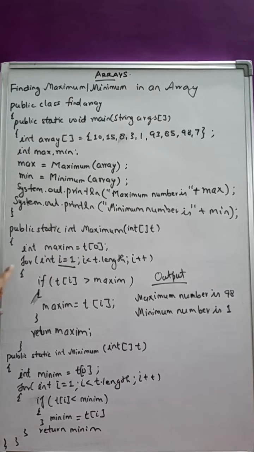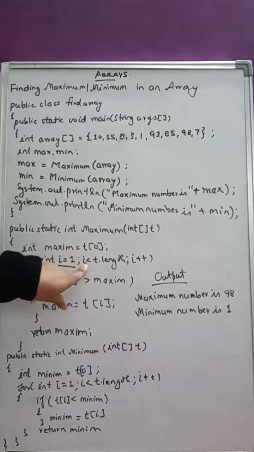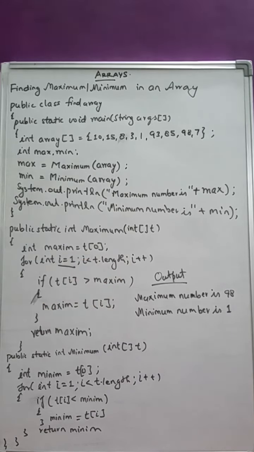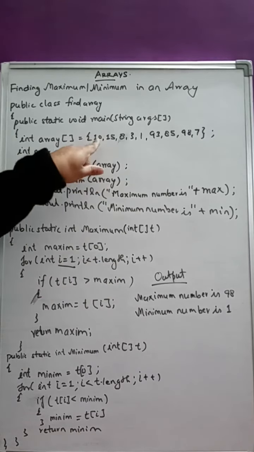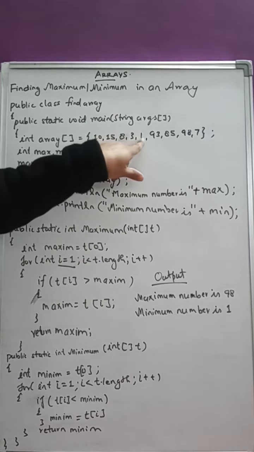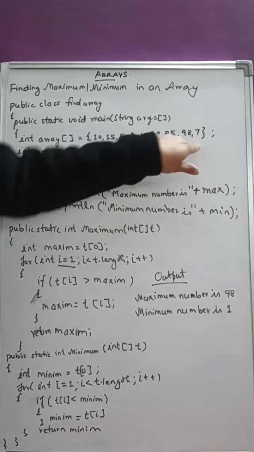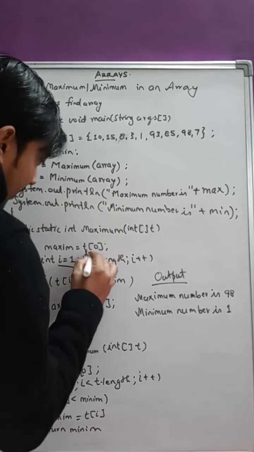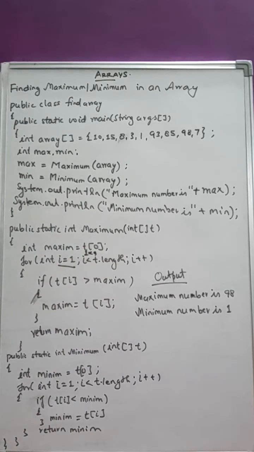That's why we have written i equal to 1, and it will run until i less than t.length. So the number of elements, t.length, will be 1, 2, 3, 4, 5, 6, 7, 8 and 9. 9 elements are there. So this condition, the first time it runs, will be 1 less than 9.